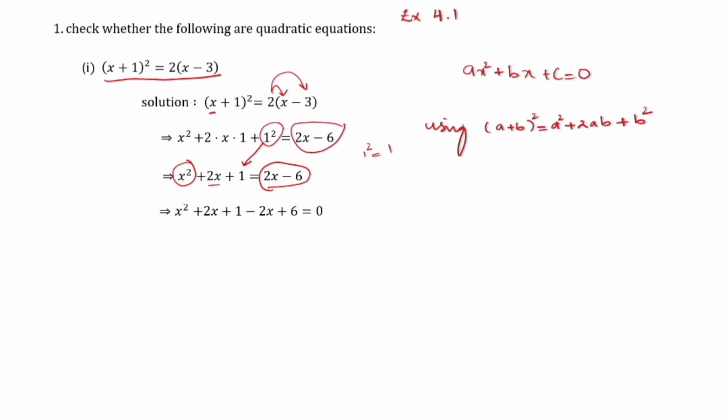So all this left hand side remains as it is, and on the right hand side, if I carry this plus 2x to the left side, it will give me minus 2x, and if I carry this minus 6 to the left hand side, it will give me plus 6.